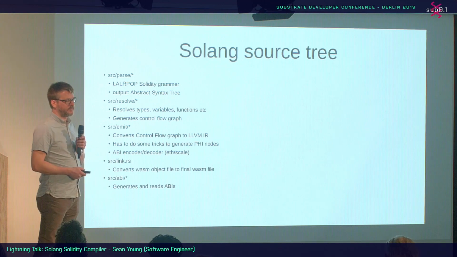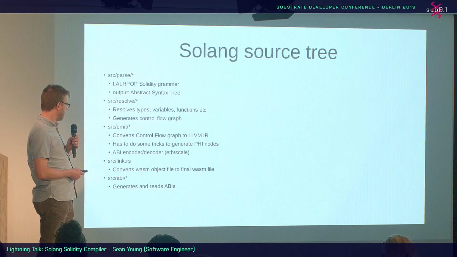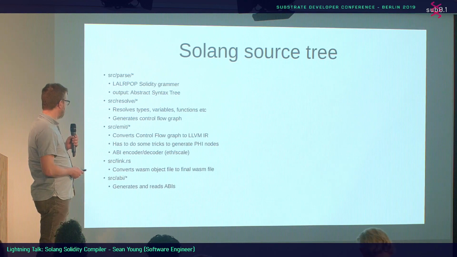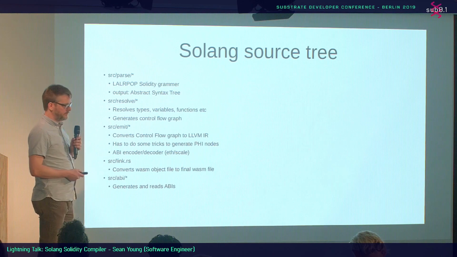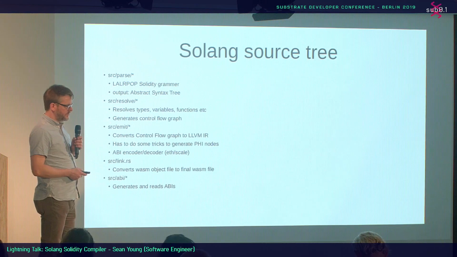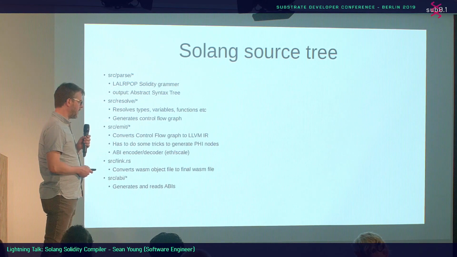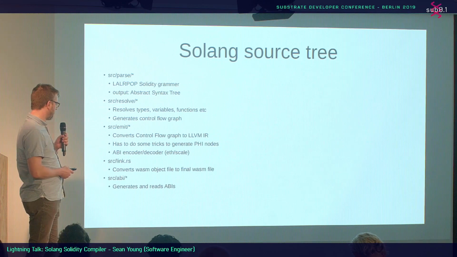The control flow graph is not LLVM specific, but it's obviously tailored to make it easy to generate LLVM IR from that. Then in source emit, we take the control flow graph and generate LLVM IR. There's some busy work around generating phi nodes to make that work, but otherwise it's a fairly one-to-one mapping from the control flow graph.